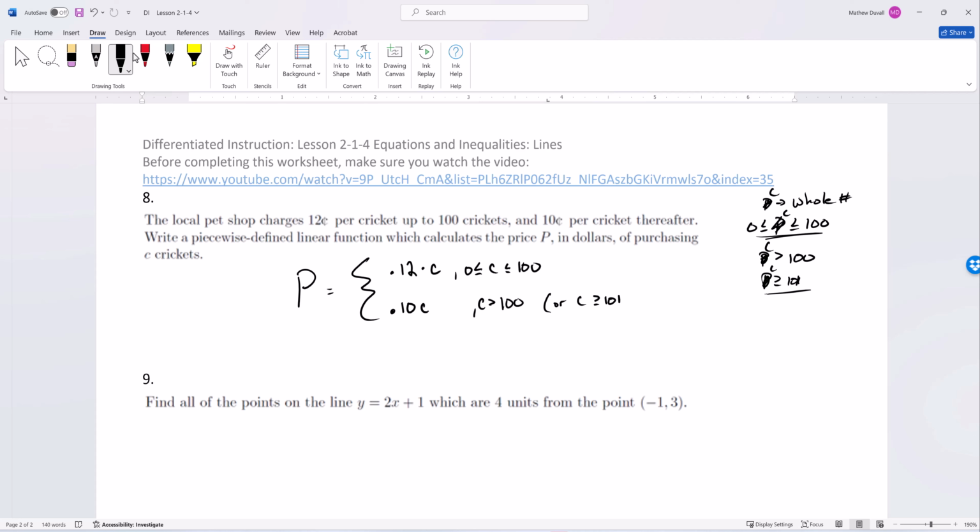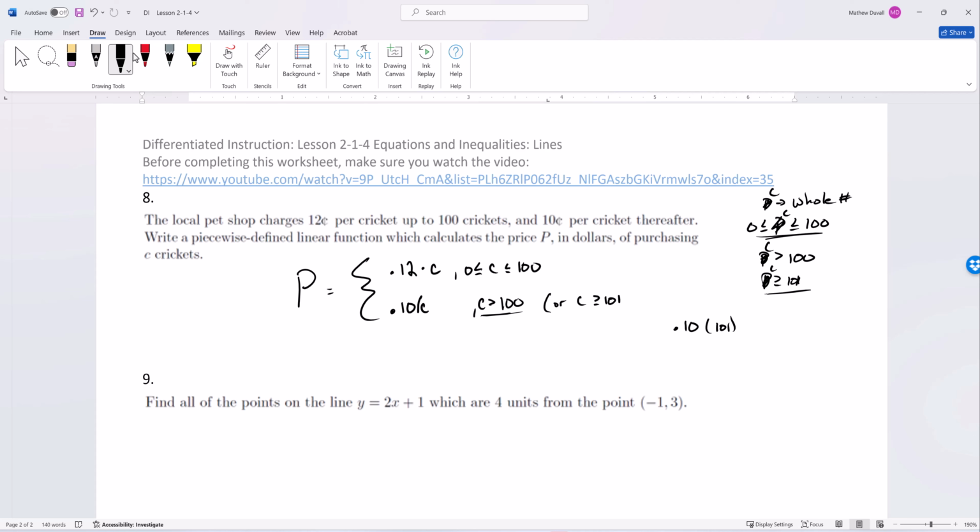But now the problem here is the way that it's written, because if I think about 0.1 times 101, well, that's not what this is asking. It's not saying that now for all 101 crickets you're paying that new price. It's only per cricket after that 100.